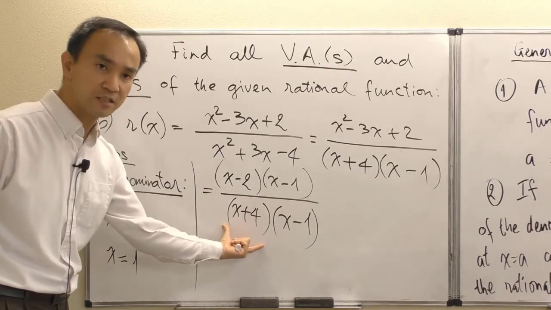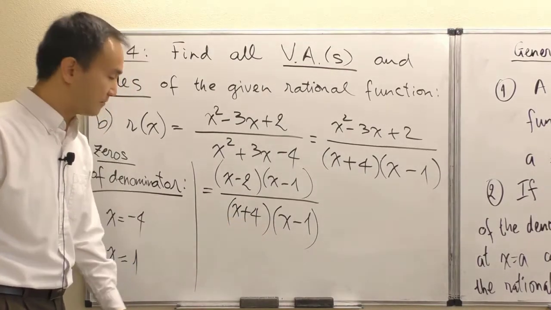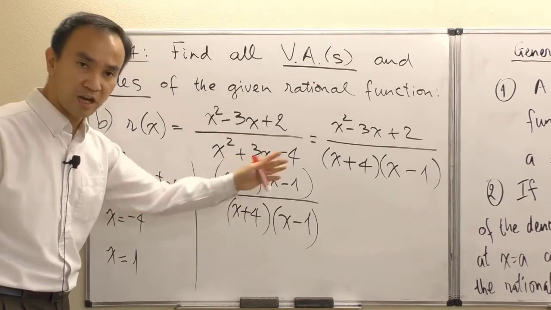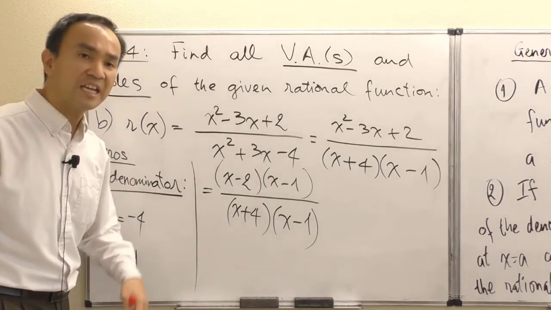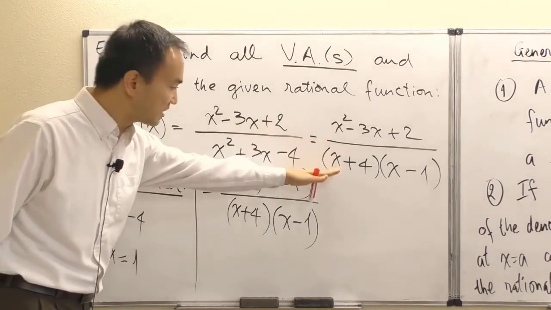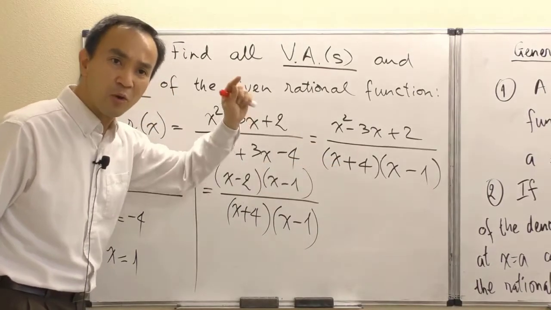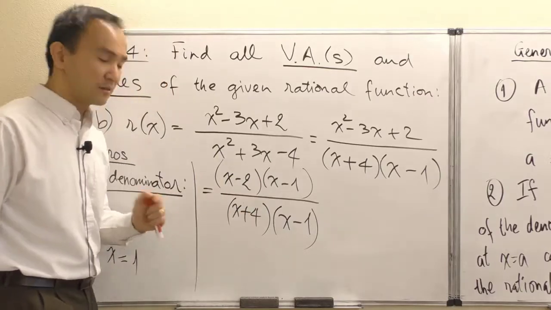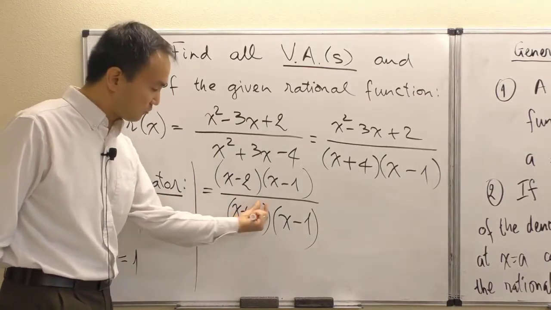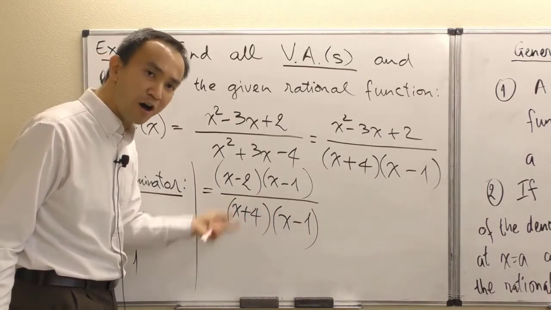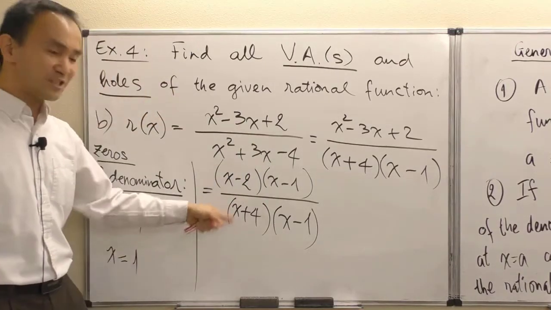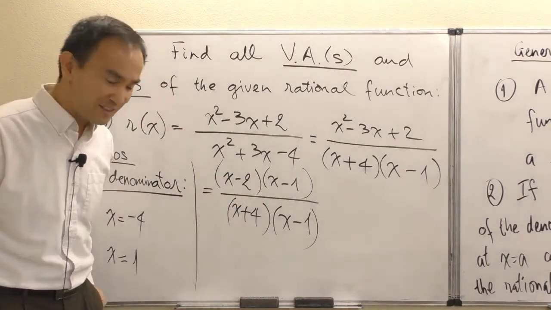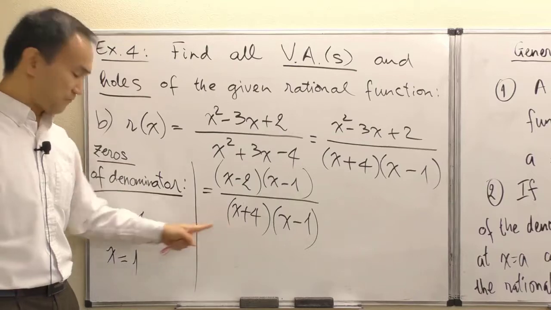And the answer is no, it's not going to be cancelled, because there's no other common factor for that. Even if there's some other common factor of x plus 4 here, will it be completely cancelled, meaning including all of it, including the multiplicity, gone in the denominator? That's not the case in this problem.